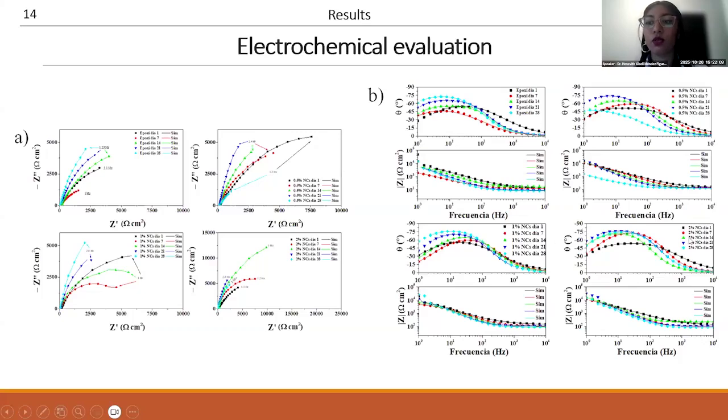So here at 2%, we can see a maximum peak in the phase angle of -75 degrees, indicating that the barrier performance is better when we added 2% of the microcontainers.